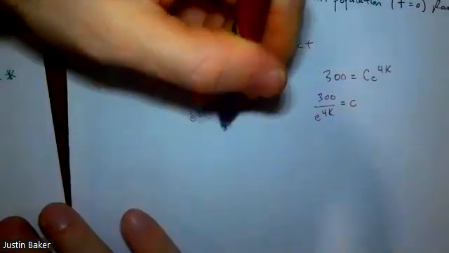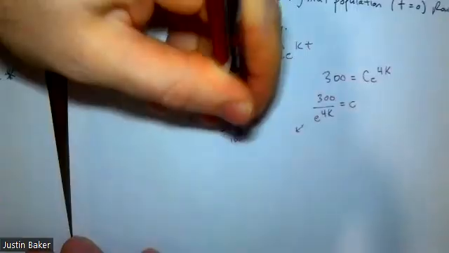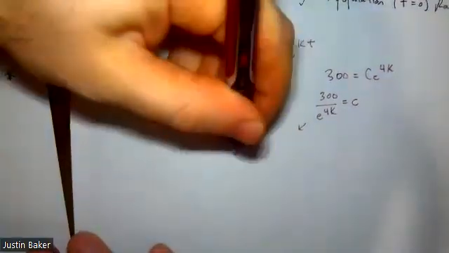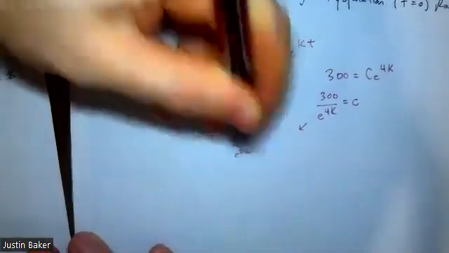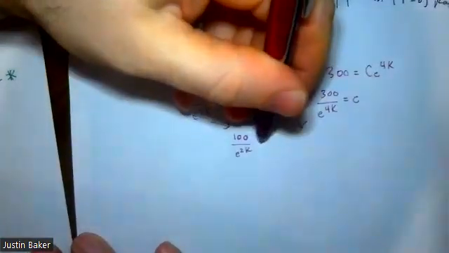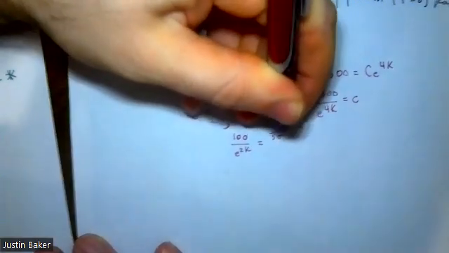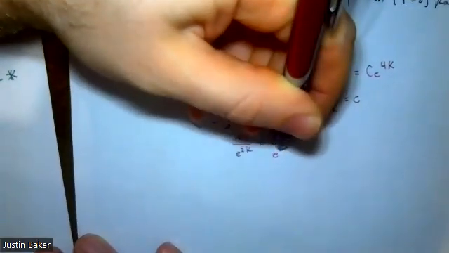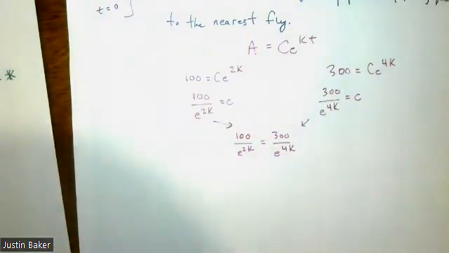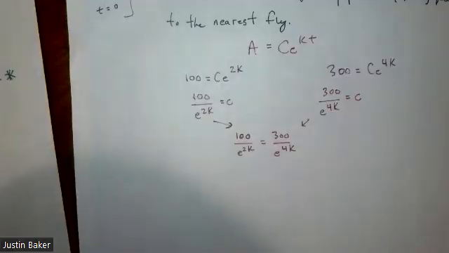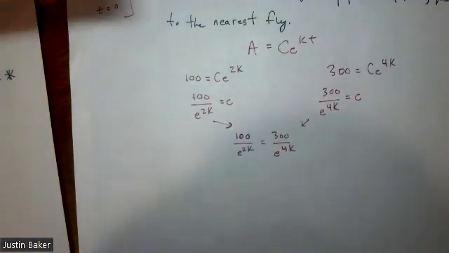If they're both equal to C, that means they both should be equal to each other. So 100 over e^(2k) is equal to 300 over e^(4k). And we would solve that by cross multiplying.